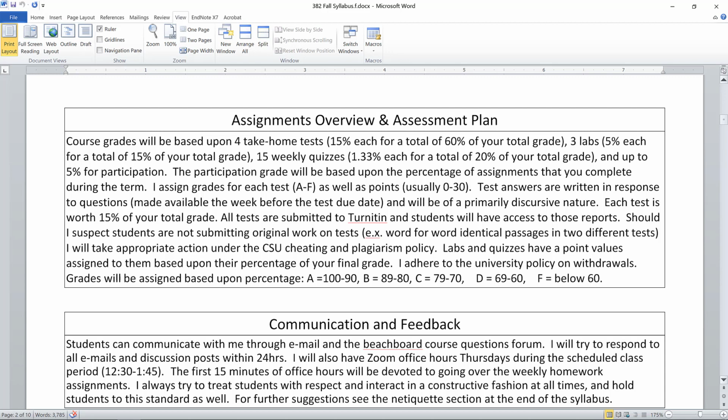I assign grades that are A through F on those take-home tests, and usually I'll assign a point total as well. I'll usually have 3 questions. Each question is worth 0 to 10 possible points, so the range of points for your test will be 0 to 30 usually.